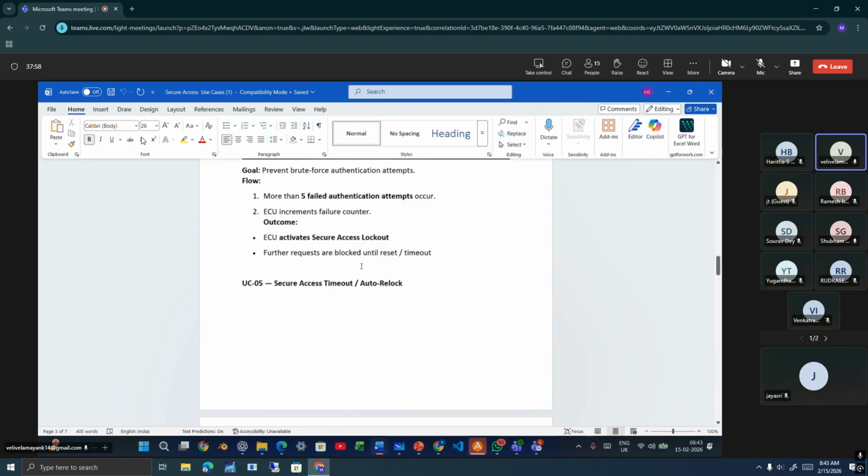Secure access succeeded, but I am not doing anything. Then you will go for auto relock or maybe timeout. That means immediately you will go to a revoked state or a locked state. I issued the access, I can revoke also. Otherwise, you will say, Rama, I don't maintain a third state, I will maintain only two states, locked and unlocked. You can immediately go to the locked state. That is the fifth use case.